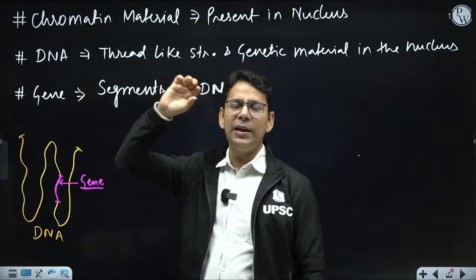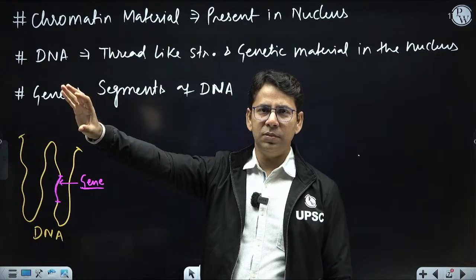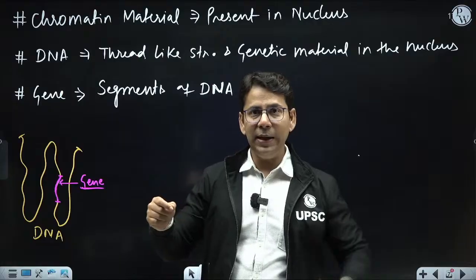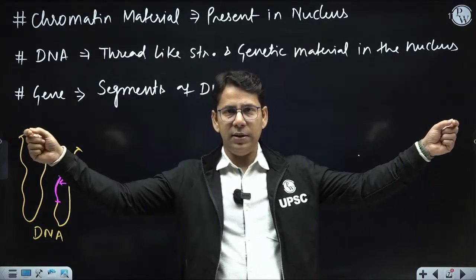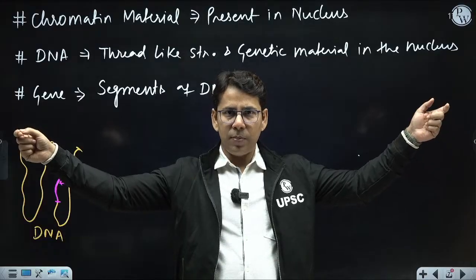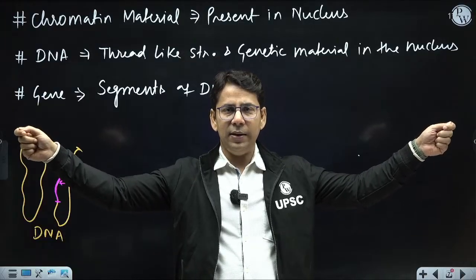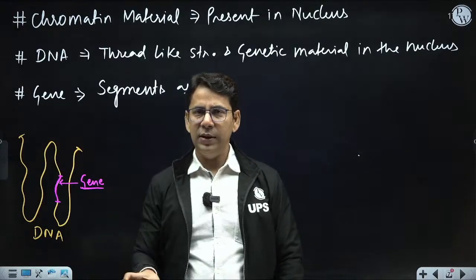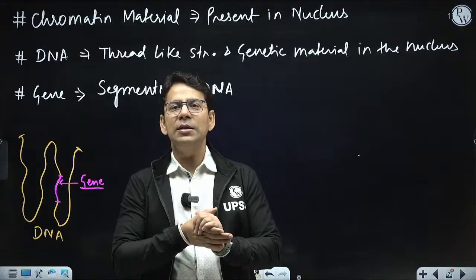And then we say DNA is a thread-like structure, and we forget about the histone protein mentally. But from one end to the other end, the DNA is not just one piece. There are different segments of it. And each segment of the DNA is known as a gene.